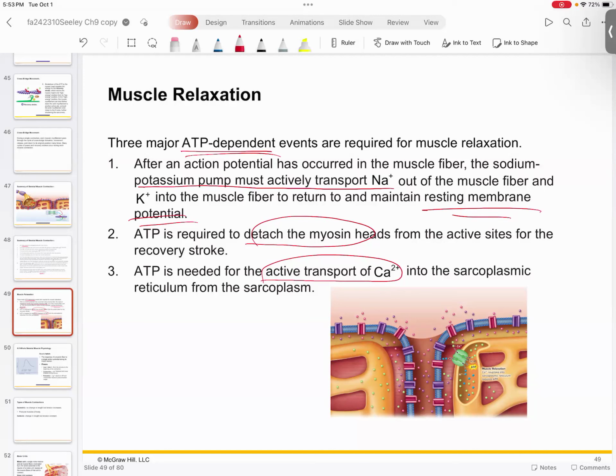But we don't really think it all the way through a lot of times, because for every mousetrap you release, you have to reset the mousetrap to do it again, right? And that's why I say every time you see a channel, there's a pump that goes with it. And those pumps typically are ATP driven. So whenever you release all that calcium outside of those calcium channels, guess what you have to do? You have to pump all that calcium back in.